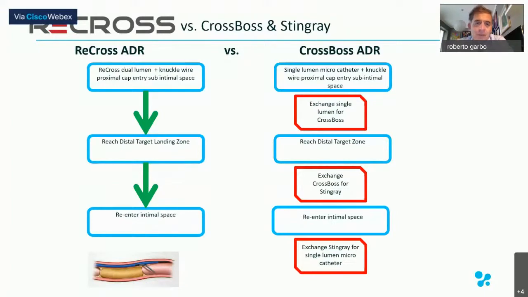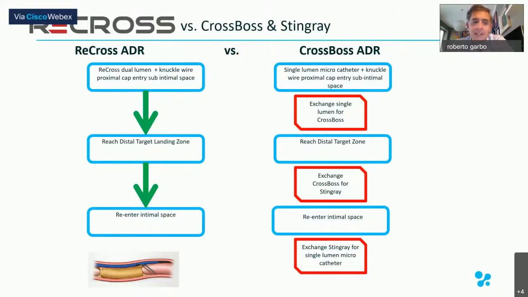But if you have the possibility to use both, there are cases in which you can succeed with one and fail with the other, like crossing retrograde epicardial. Sometimes you cross with one microcatheter and you fail with the second one, or vice versa. In the next case, you can succeed with the second one and fail with the first.